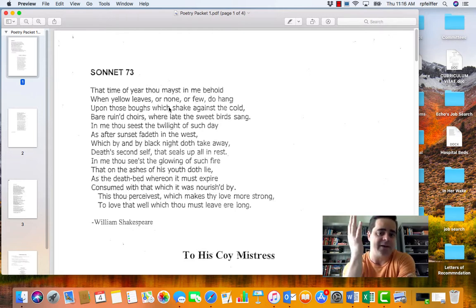In a Shakespearean sonnet, the rhyme scheme is A B A B, C D C D, E F E F, G G, and there's a volta before the last couplet, which is rhymed together. Iambic pentameter is five metric feet, unstressed, stressed, unstressed, stressed, unstressed, stressed, unstressed, stressed, unstressed, stressed, for each line of the poem.